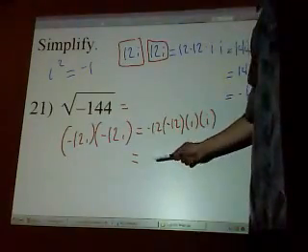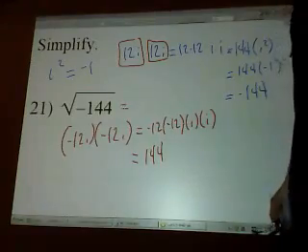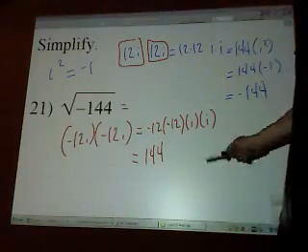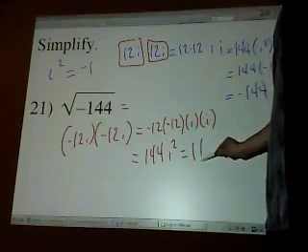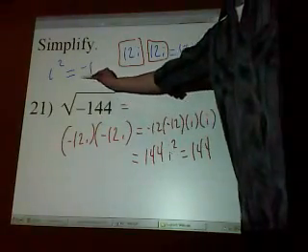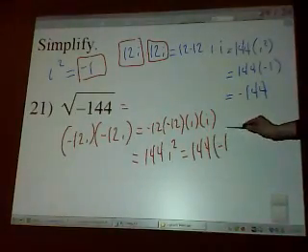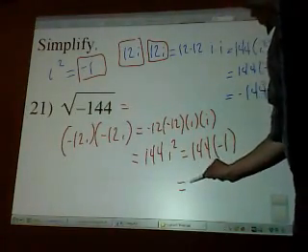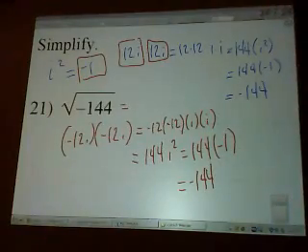Negative 12 times negative 12 makes positive 144. And what is i times i? That's i squared, and we've been studying today how i squared equals negative 1. So we have 144 times negative 1, and that means we have negative 144.